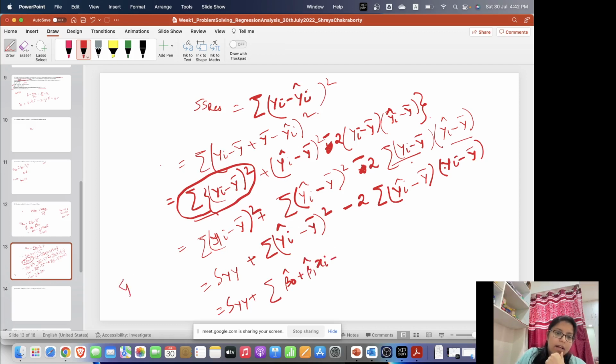And y bar, if we do, is beta naught plus beta 1 x bar.